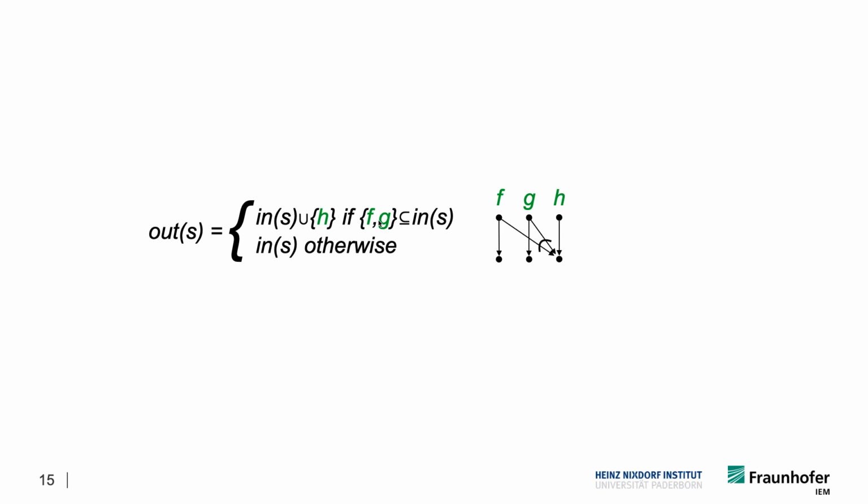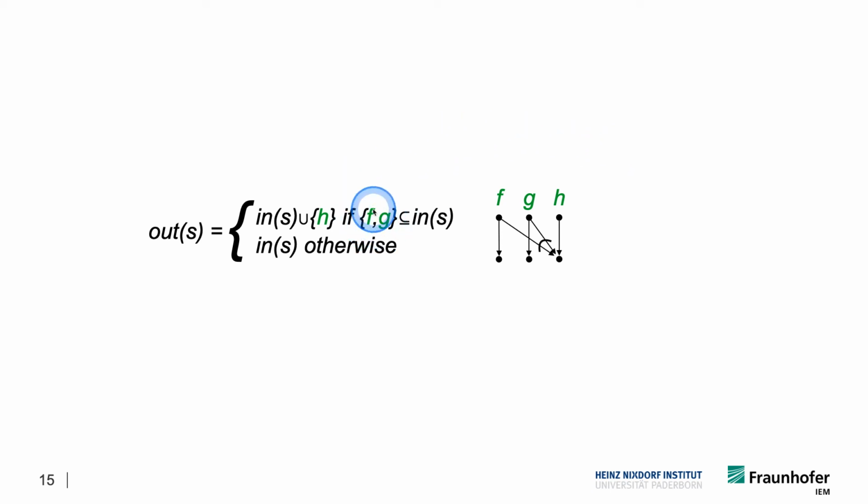And if you think about that for a minute, then you will figure out that it's sort of problematic, right? Because I could draw an edge from F to H and from G to H, but that would give me a different semantics. That would tell me that H should be part of the outset if either F or G are part of the inset.